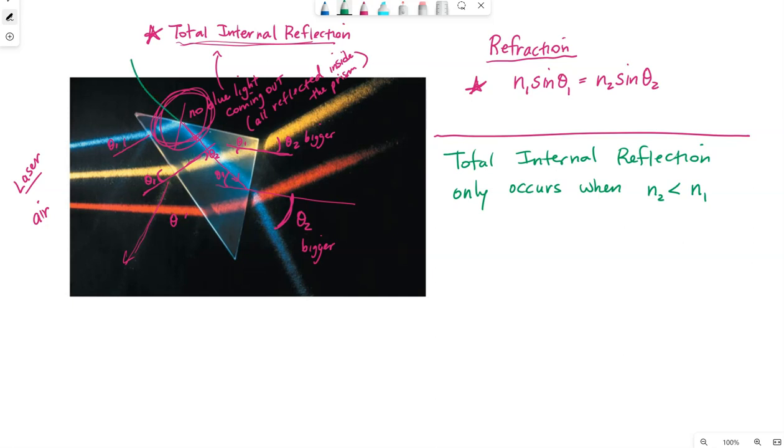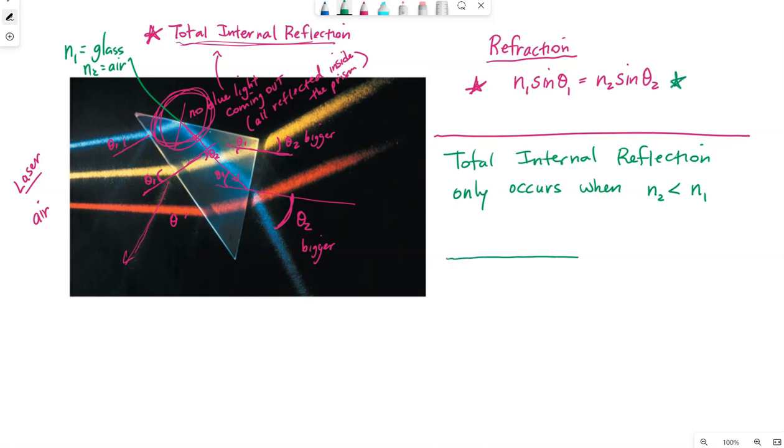So if we come back up for blue up here, N1 was the glass, or whatever the prism is made of, N2 was air. Total internal reflection cannot occur if the light is originally in air and going to the prism. And Snell's law up here explains that to us.